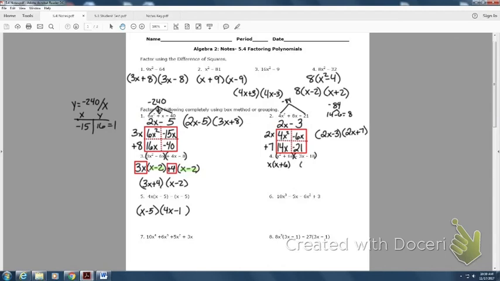So I'm trying to make this x plus 6 as well. To do that, I need to pull out a negative 3, not just a 3, because negative 18 divided by 3 would have left me with minus 6, and I want it to be positive 6. And then once I have that, I get x minus 3 times x plus 6.